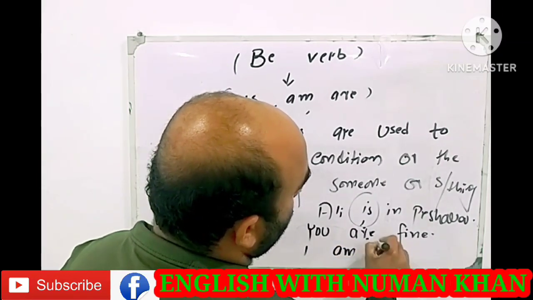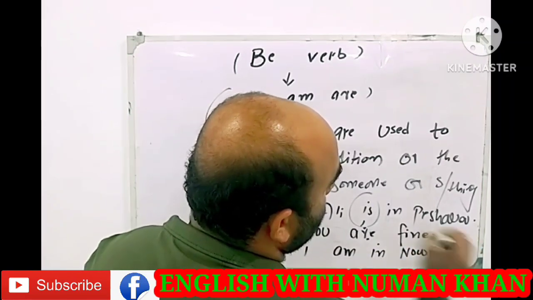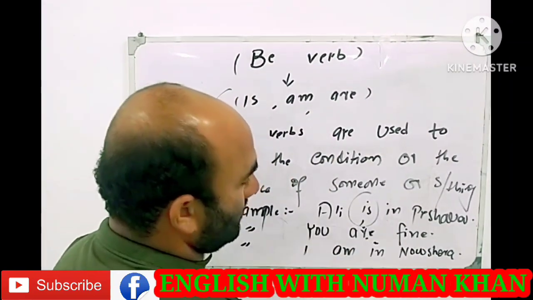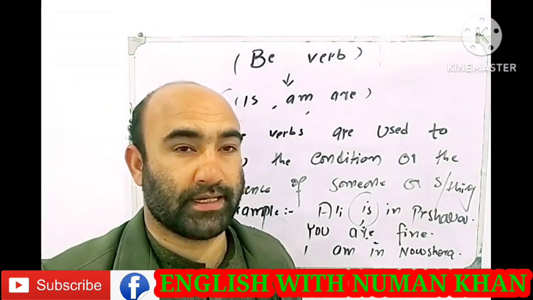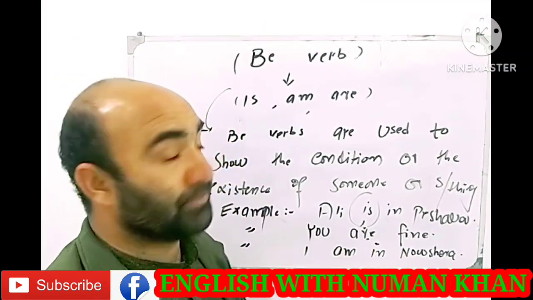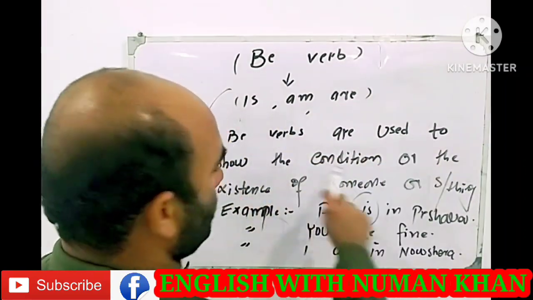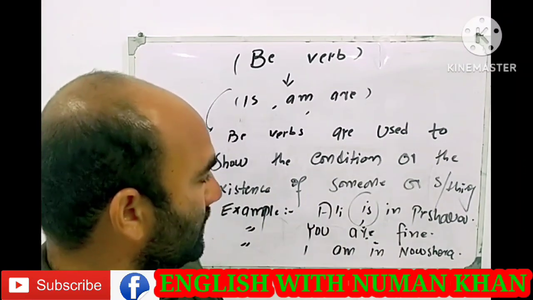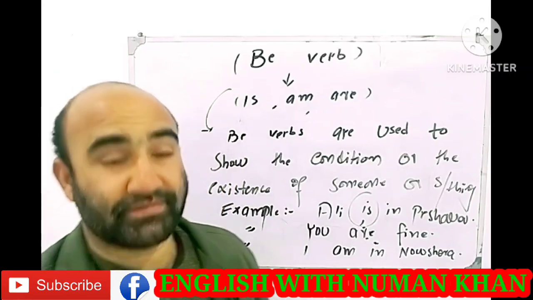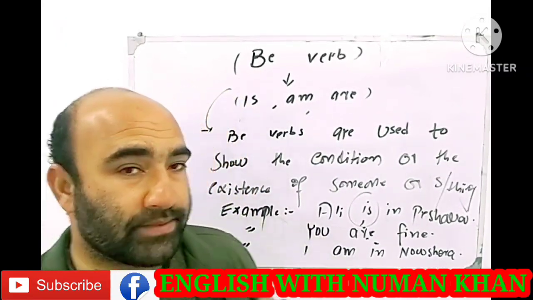I am in Nowshera. Now look here, "am" again shows the existence. We use all these be verbs. Be verbs are used to show the condition or the existence of someone or something.